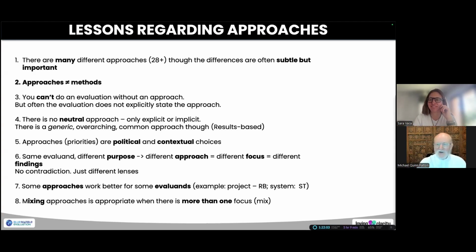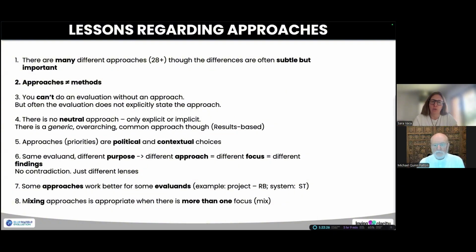So the point is to be explicit. Some approaches are conflicting, so you want to be clear that you don't just have silos, but that you look at what the relationships are and how those approaches support each other.